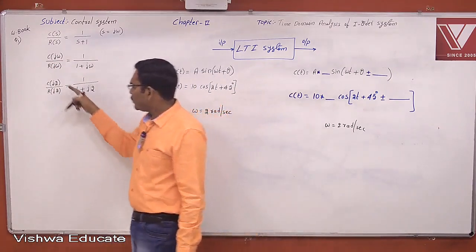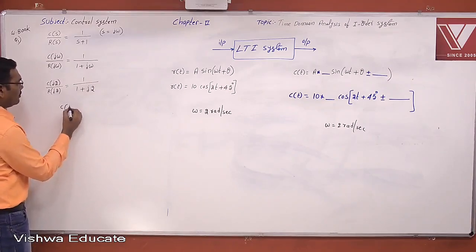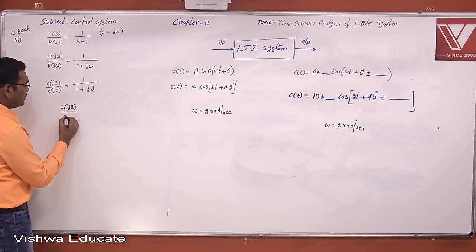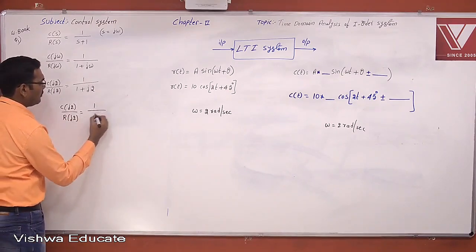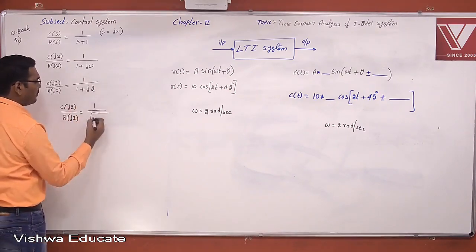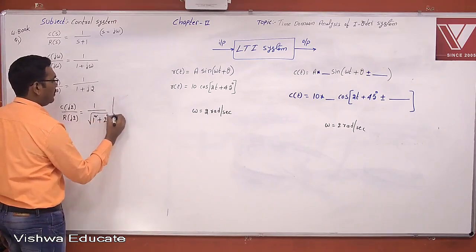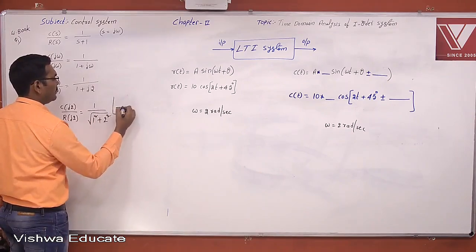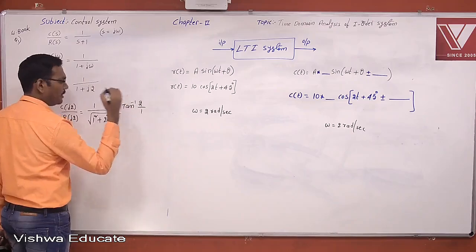Now students, at 2 radians per second, what should be the change in magnitude? It is 1 divided by square root of a square plus b square, real part square plus imaginary part square. The phase angle is from the denominator, therefore minus tan inverse of imaginary part by real part.